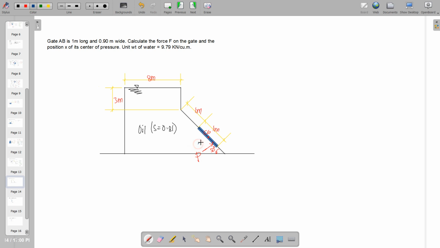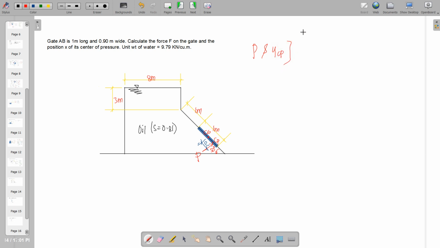And between that one to this point, this is E, and this is our center of pressure. So again, the unknowns here are P and YCP.